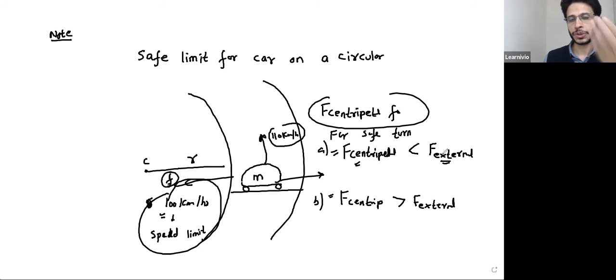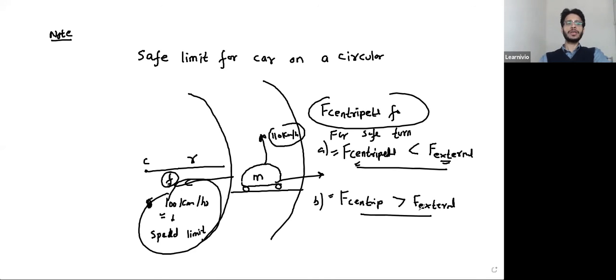In the last few examples, gravitational force, electrostatic force, and a component of tension were the external forces providing centripetal force. For a safe turn so that the car does not skid, which condition should hold? Centripetal force should be less than the external force, or greater than the external force?